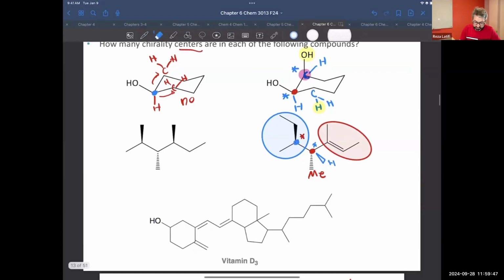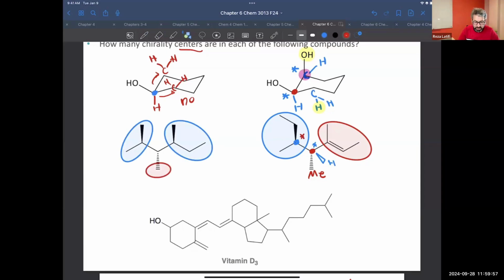Left side here, what do we have? We have 1 substituent here, a second substituent here, and a methyl. So 3 substituents, and they are all different. The 4th one is going to be hydrogen. So that carbon is a stereocenter, or chiral center.